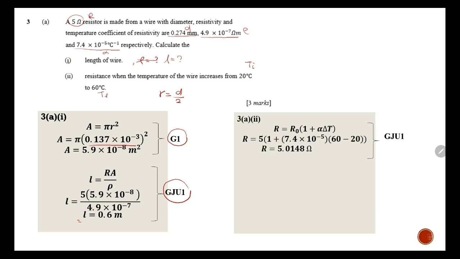So we can use this formula: resistance is equal to R0, which is 5 ohm, times 1 plus alpha delta T. Delta T is the change in temperature, T final minus T initial. You will get the answer with the correct unit, ohms. This will give you another mark. So the total is 3 marks.